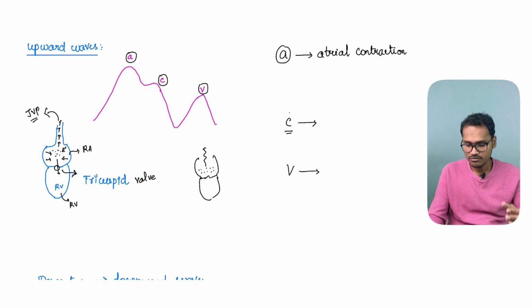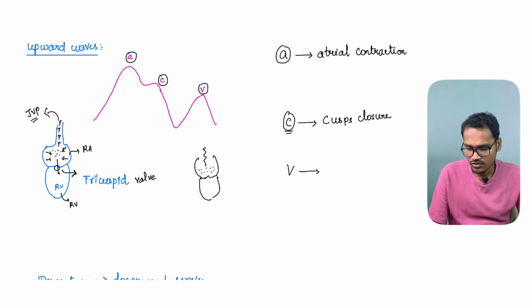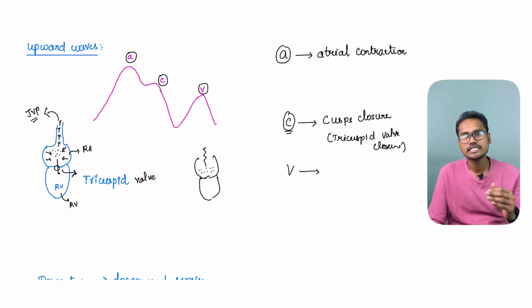So C, you can remember with the mnemonic C for cusp. It is the cusp closure, that is, the tricuspid valve closure. That is what happens in the C wave.